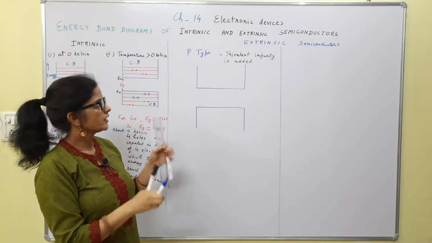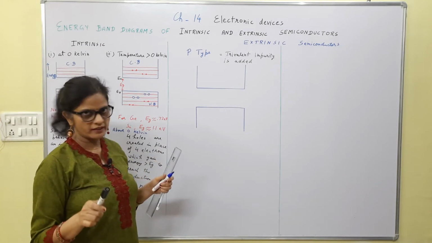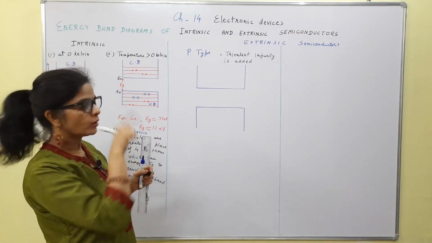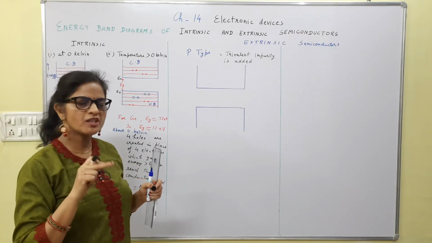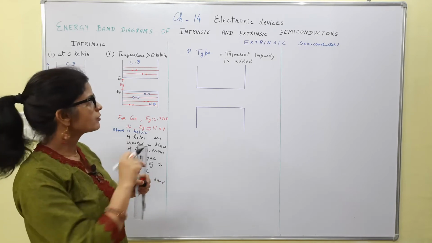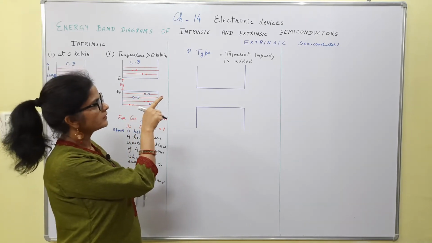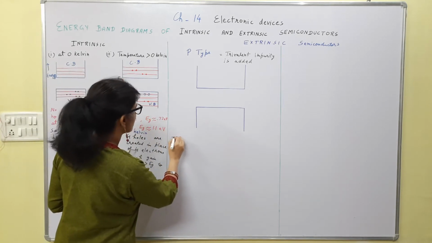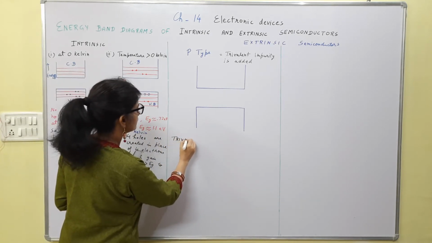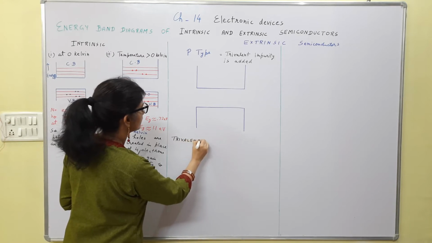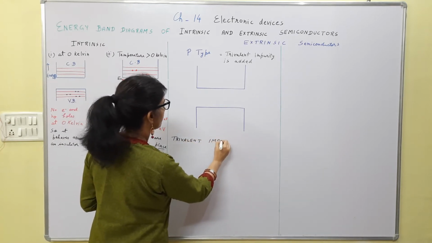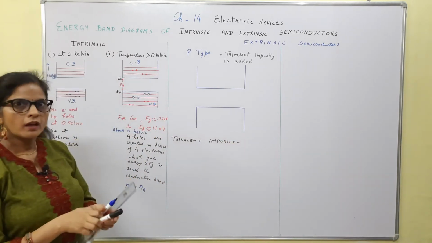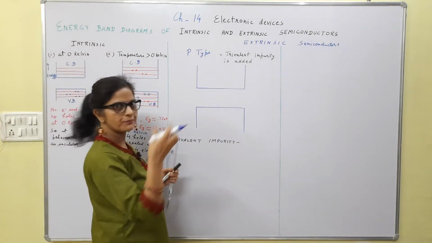So you can say that with every impurity atom, a hole will be created, right? And a hole is created, that means deficiency of electron. So it will be an acceptor impurity. So you can write here trivalent impurity is also called acceptor impurity because it can accept an electron.